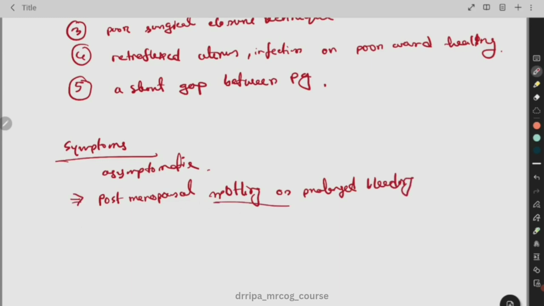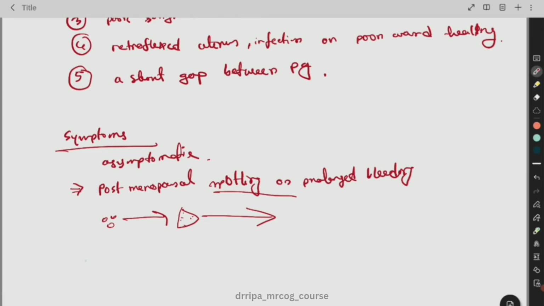So why does this happen? This happens because blood collects inside the pouch, then leaks out slowly. And the patient may also complain of pelvic pain or dysmenorrhea.